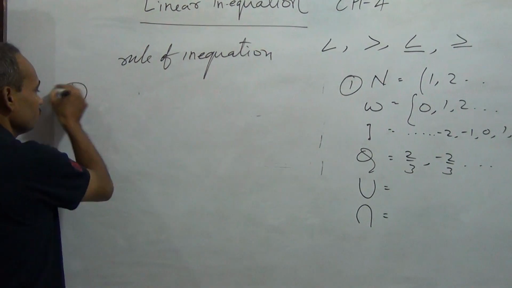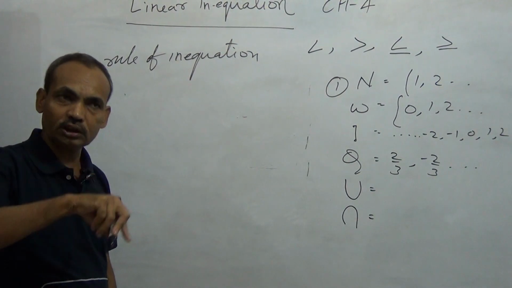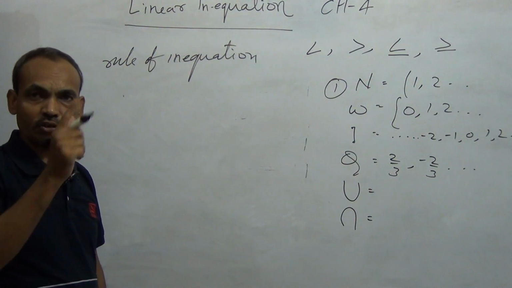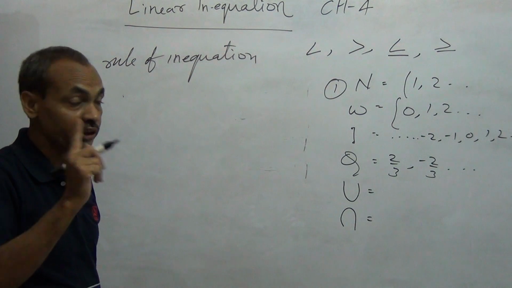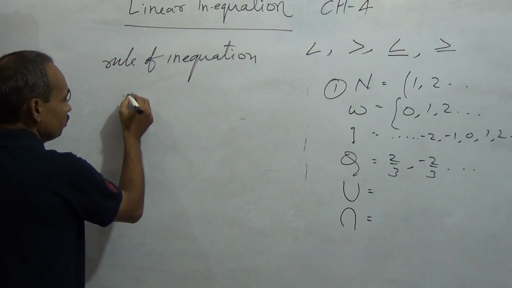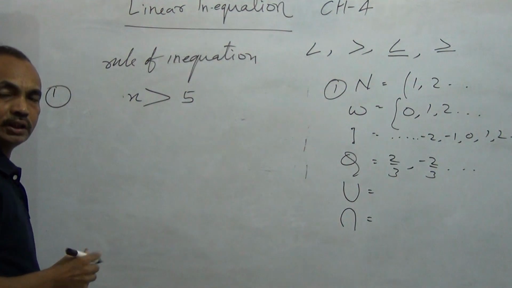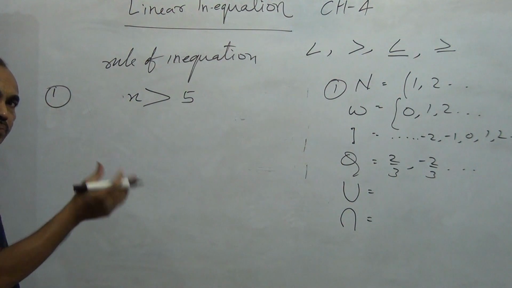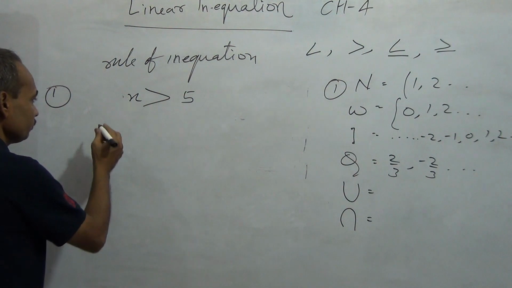Rule number 1: adding or subtracting any quantity to an inequation, the symbol of inequality does not change. If x is greater than 5, then adding or subtracting any quantity, the symbol of inequation does not change.